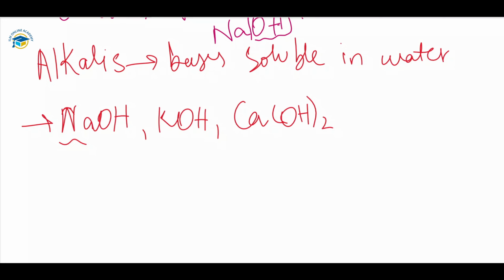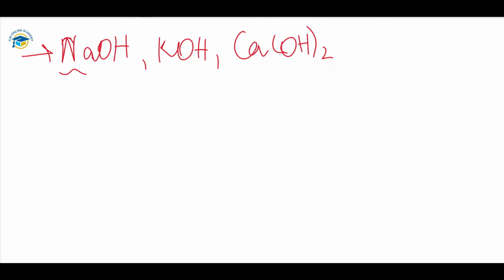So next we have amphoteric substances. These are substances that behave both as proton acceptors and also as proton donors.